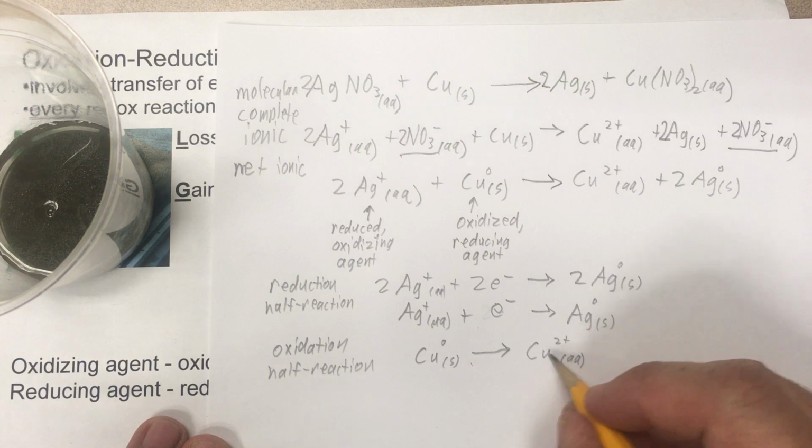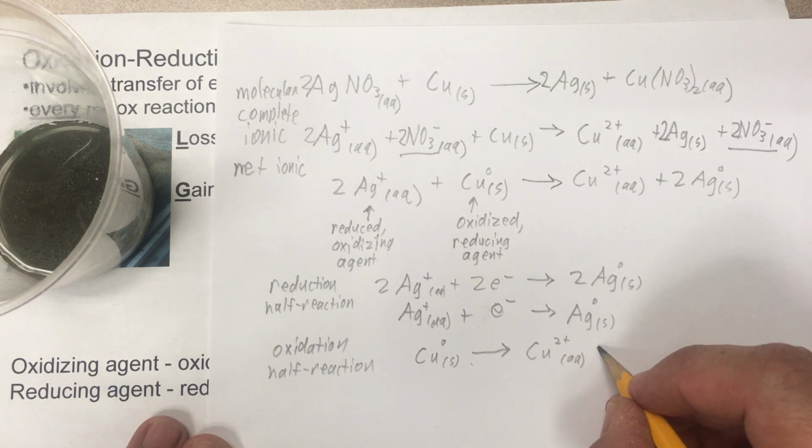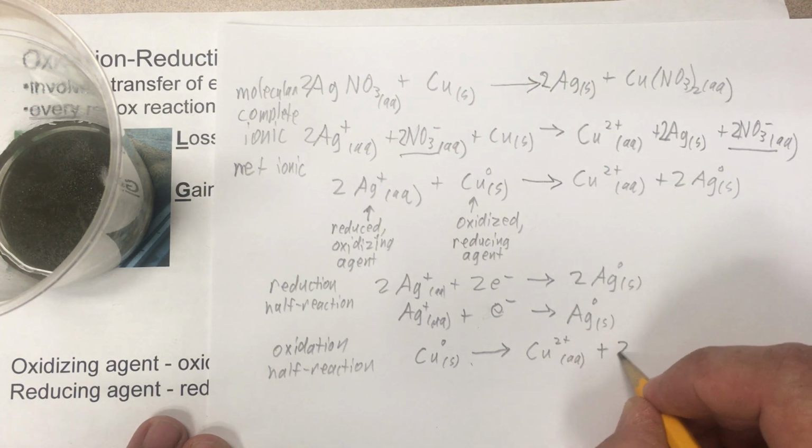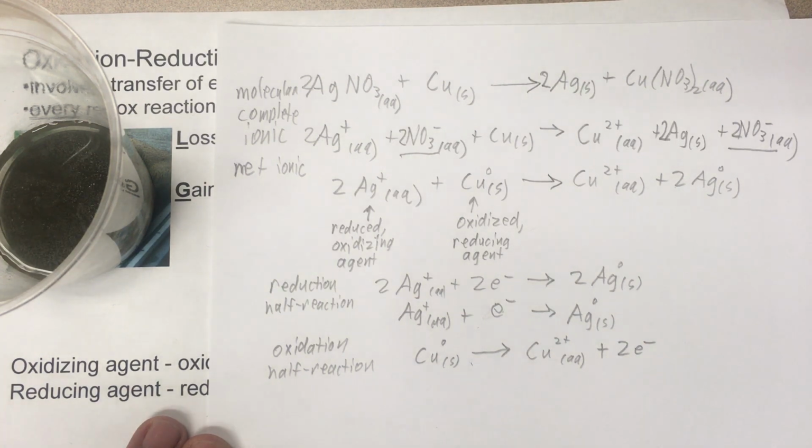In order for that to happen, I have to lose 2 electrons, which I show then 2 electrons on the product side.